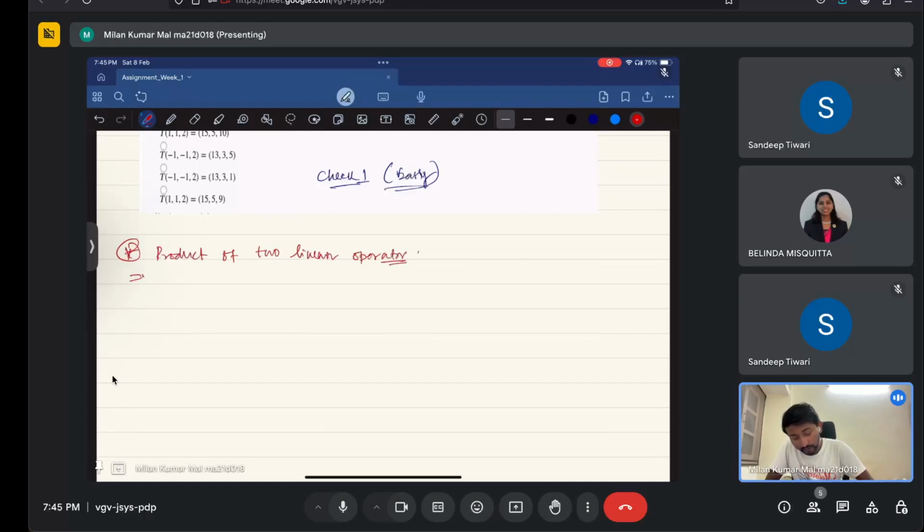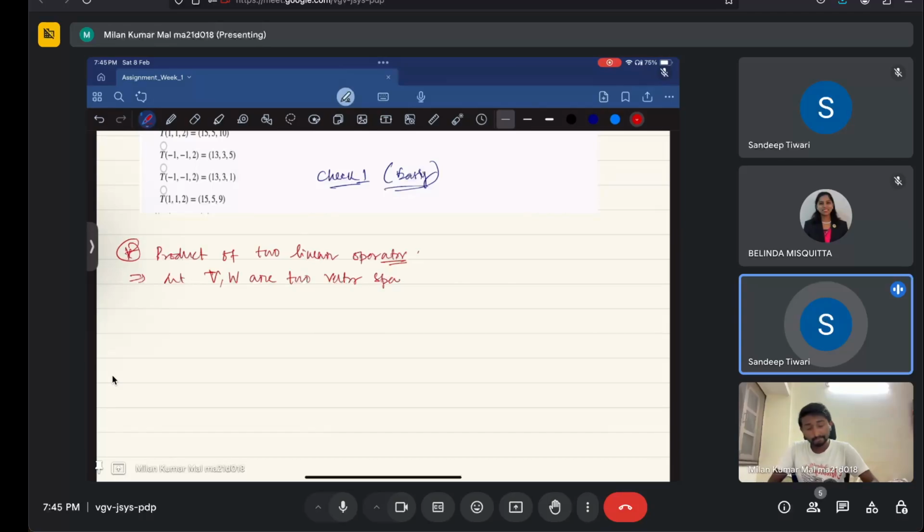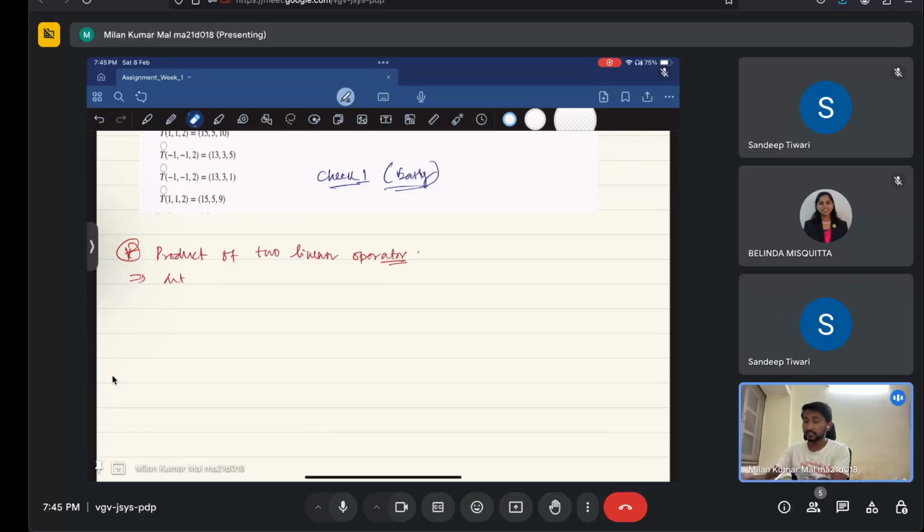Let V and W be two vector spaces over the same field. Composition is a good word, sir. Yes, composition is the product here. When we say scalar product, that is also a product. Since there is confusion, I'll take the term that some standard books follow.